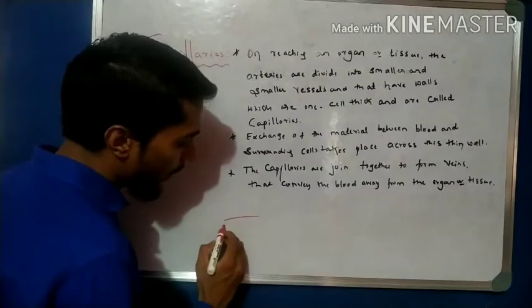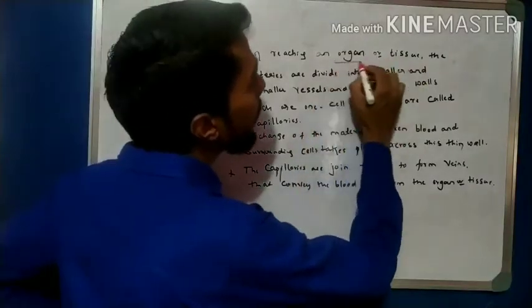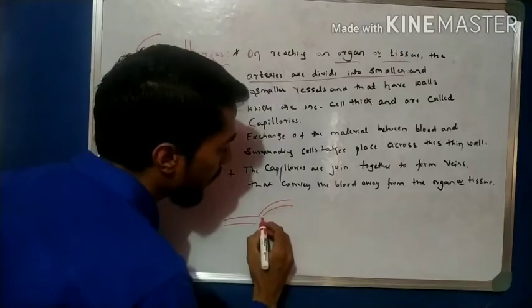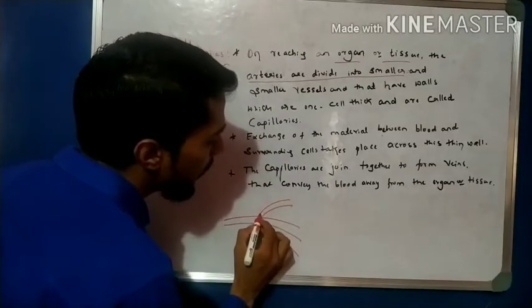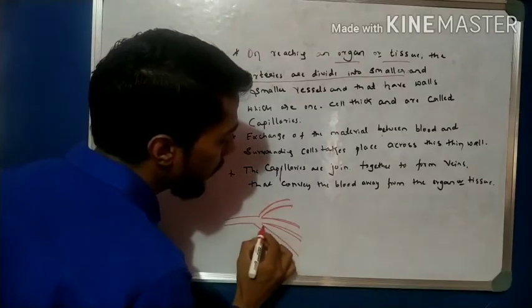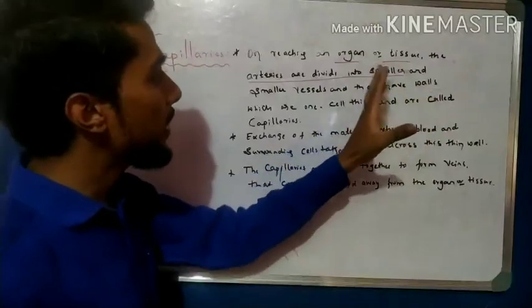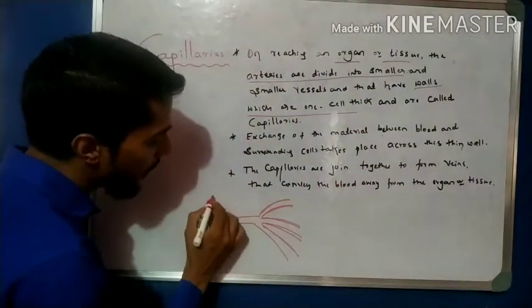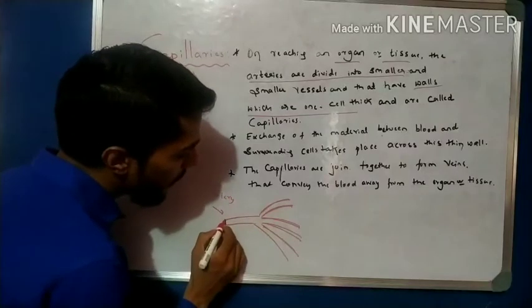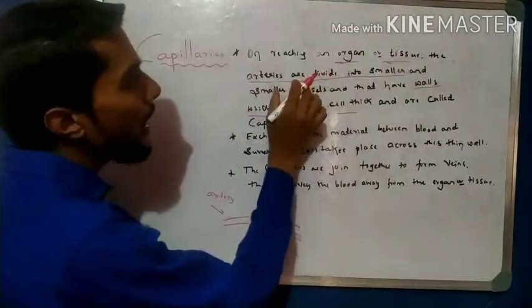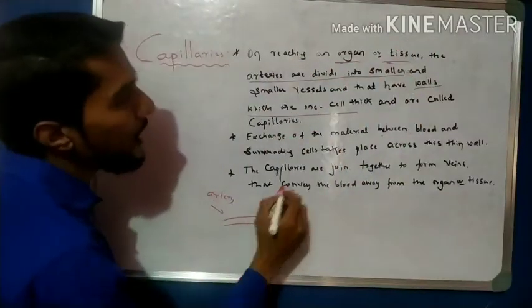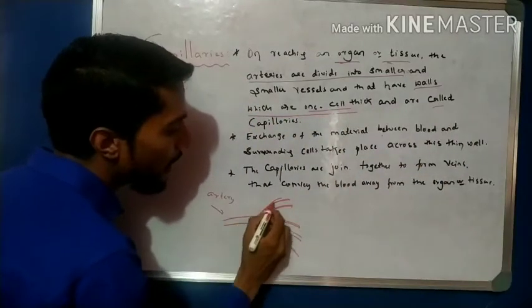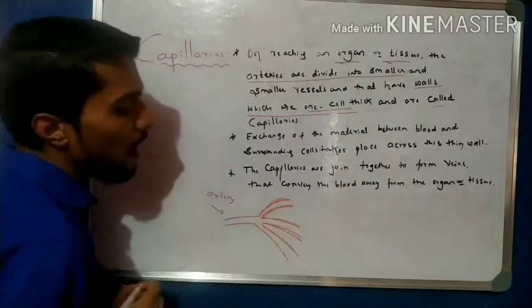Imagine, students, this is an artery, and when this artery reaches any organ or tissue, it is divided into smaller and smaller vessels like this. These are very small vessels, with walls only one cell thick, right? These are called capillaries. So this is what capillaries are: arteries divided into smaller and smaller vessels.